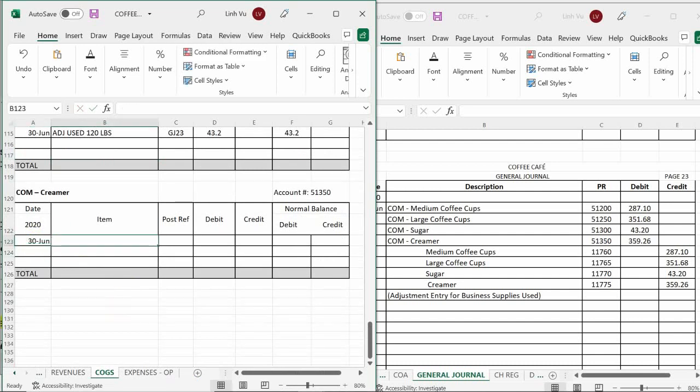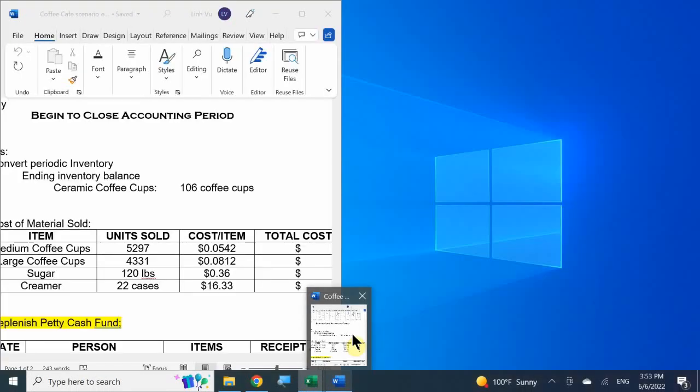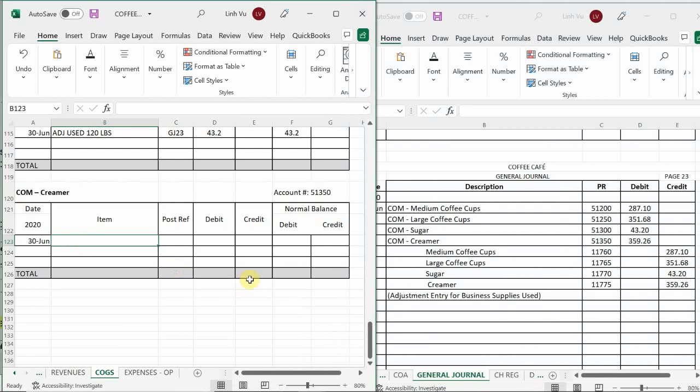Right, how many cases did we use? We used 22 cases. So in this case, adjustment used 22 cases, which gave us a grand total of $359.26.